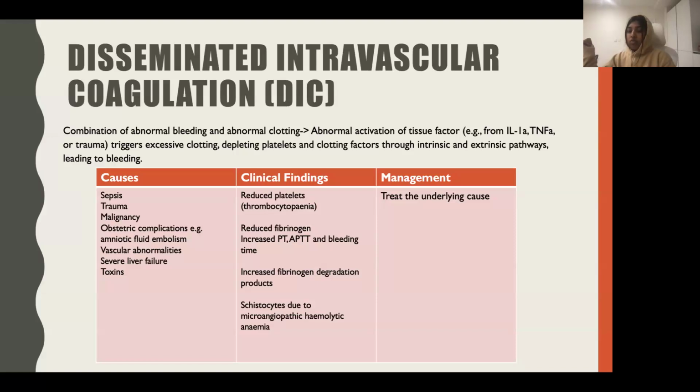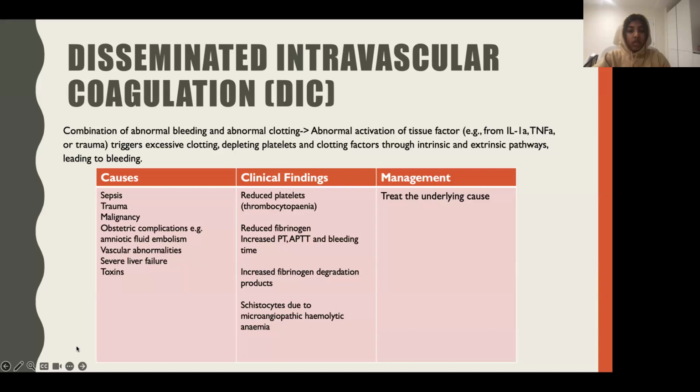The clinical findings will be thrombocytopenia, reduced fibrinogen, increased prothrombin time, increased APTT and bleeding time, increased fibrin degradation products, and schistocytes due to microangiopathic hemolytic anemia. If you see schistocytes, the two things that cause them are microangiopathic hemolytic anemia or DIC. And in DIC, you get this microangiopathic hemolytic anemia, hence why you get the schistocytes.